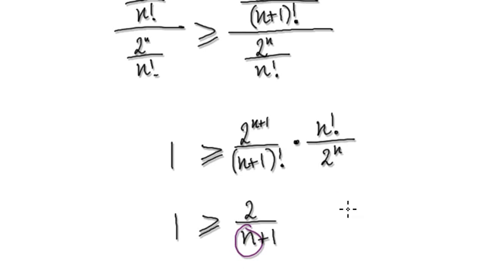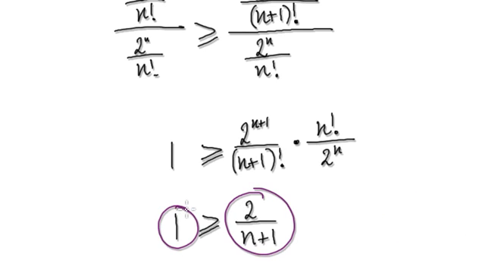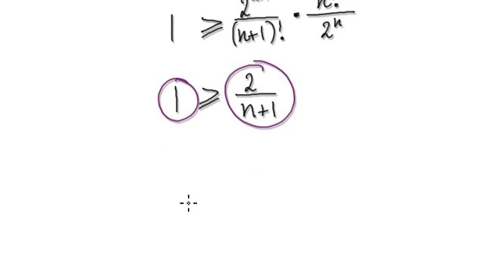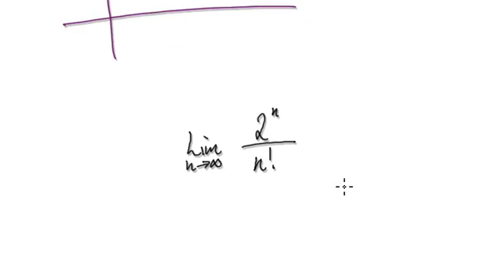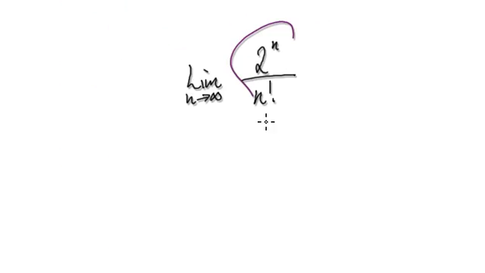The point is that n is always positive and it starts from 1 all the way to infinity. So this thing here will always be less than or equal to 1, meaning that our sequence is monotonic, meaning that it's always going downhill.